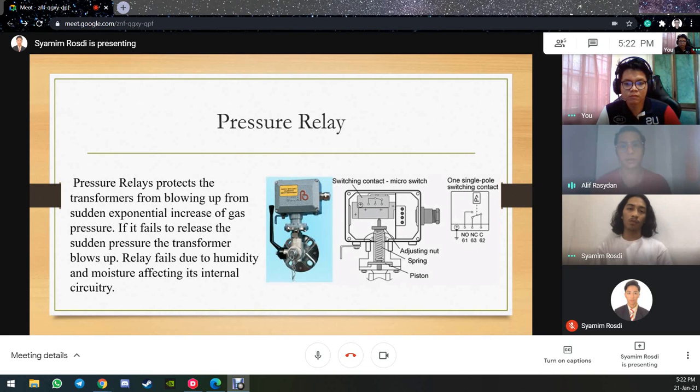Okay, I want to talk about the pressure relay. The pressure relay protects the transformer from blowing up due to a sudden exponential increase of gas pressure. If it fails to release the sudden pressure, the transformer blows out. The relay can fail due to humidity and moisture affecting its internal circuitry.